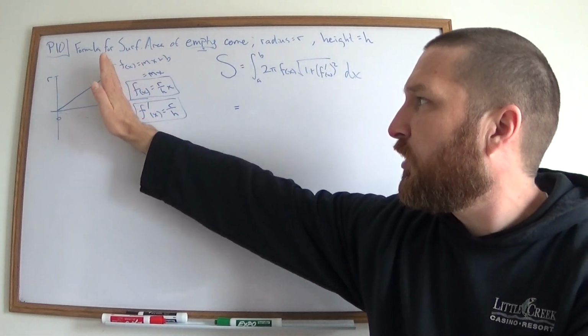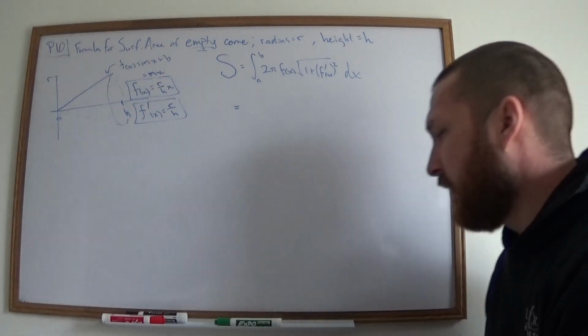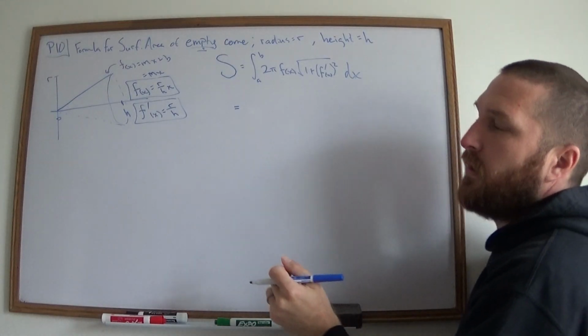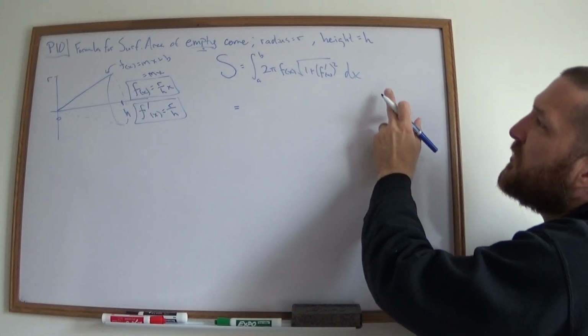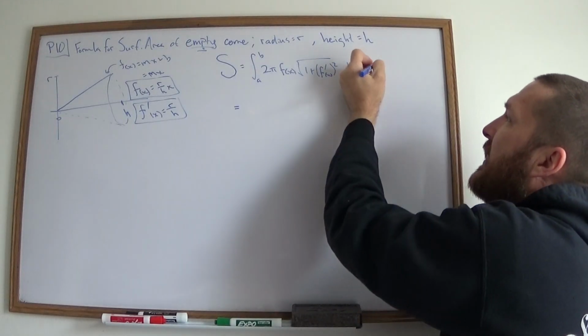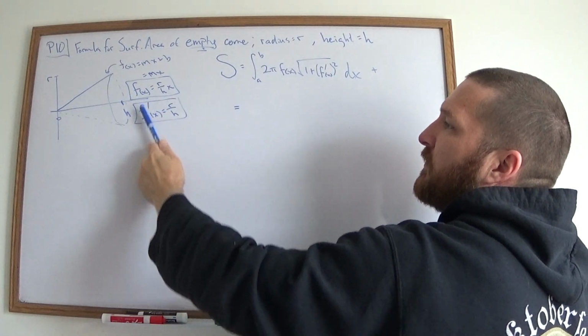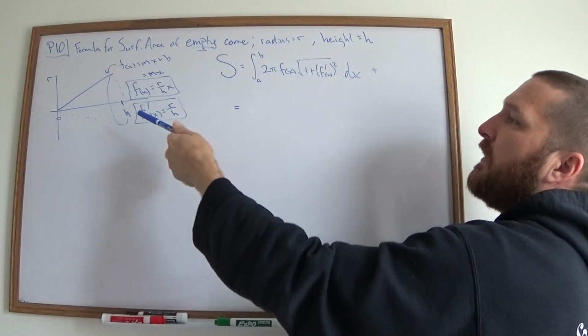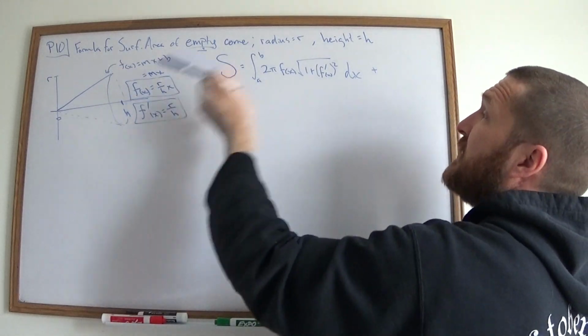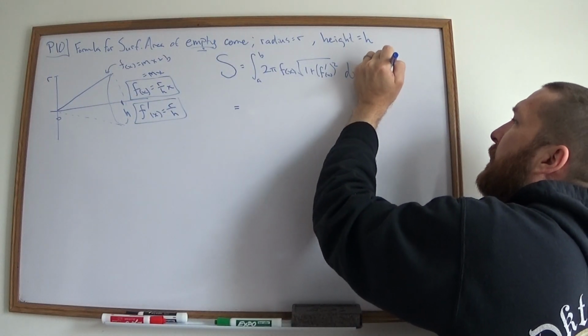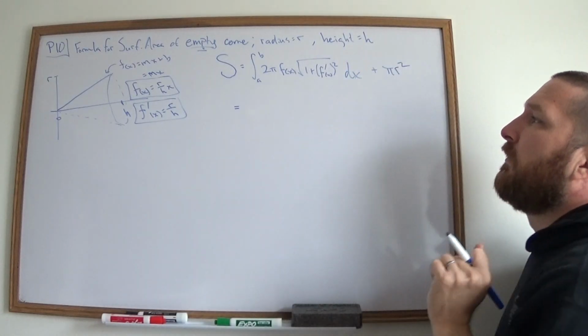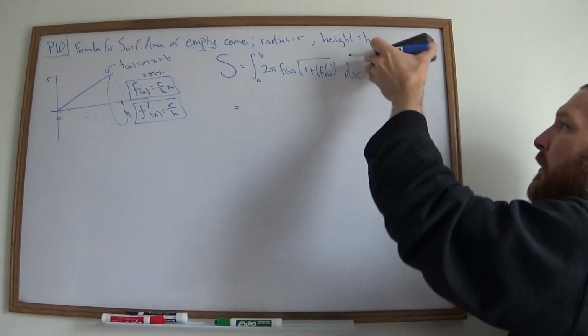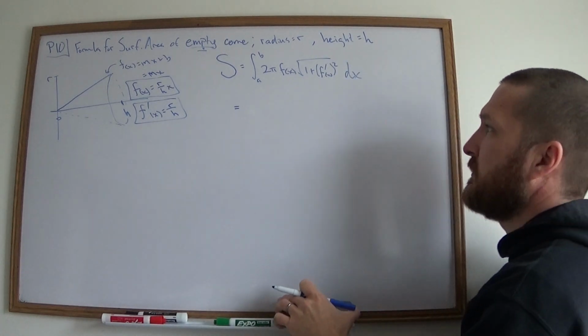And notice, right, that's the surface area of this part. It does not include the lid or the base of the cone, right? And so, we don't have to then add on whatever that base would be, which would be, sorry, pi r squared, right? That would be if we cared about the lid. We don't care about the lid. We are just doing this, okay?